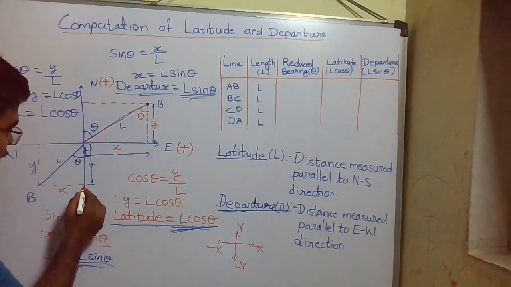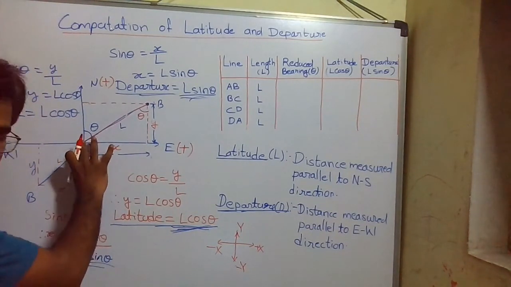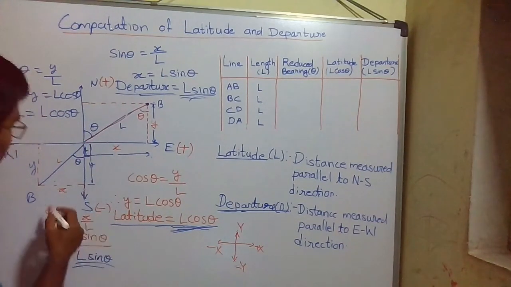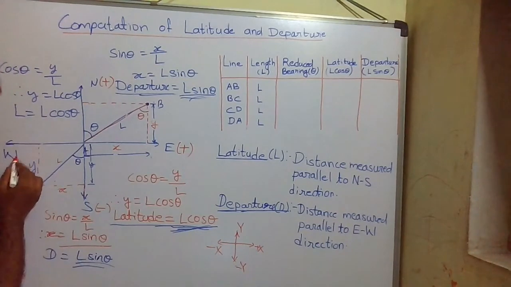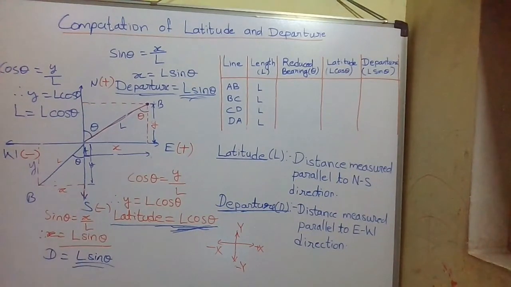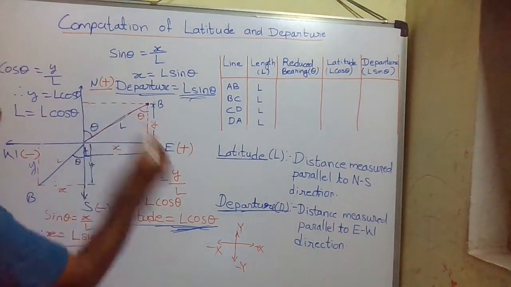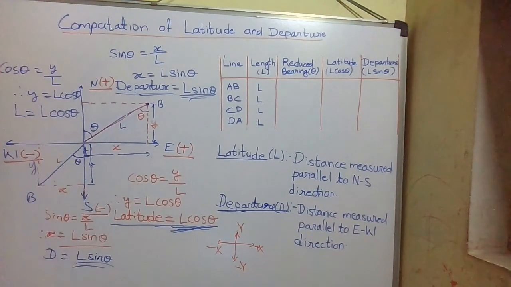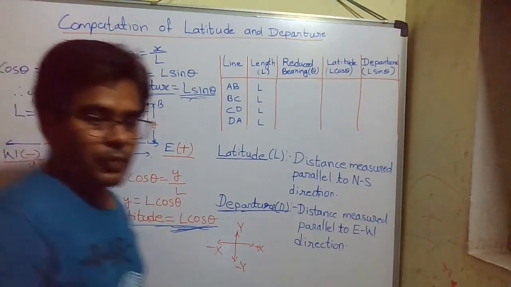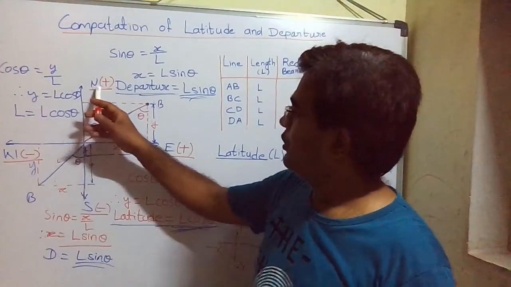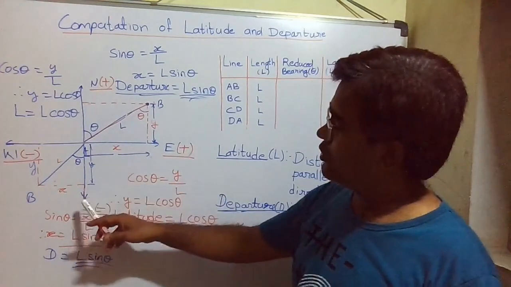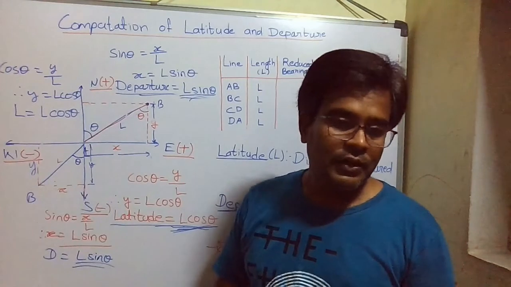If latitude is along south, it will have a negative value, and if departure is along west, then it also has a negative value. So north and east are positive, and south and west are negative.